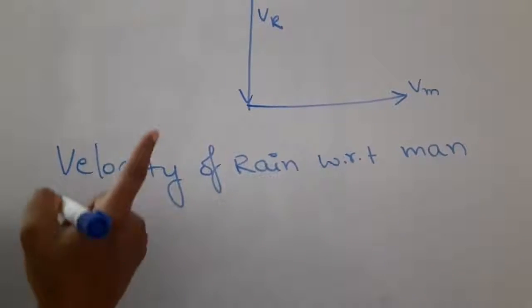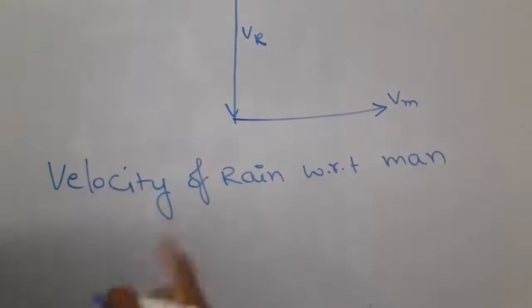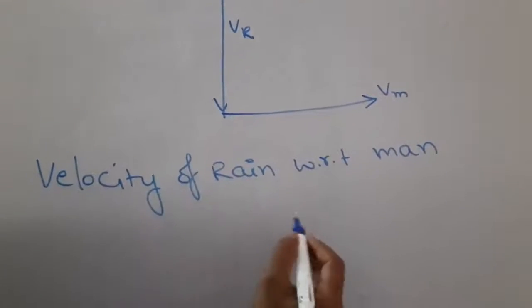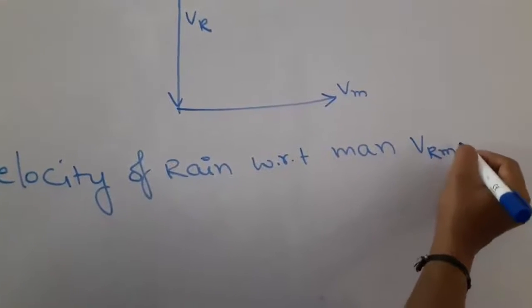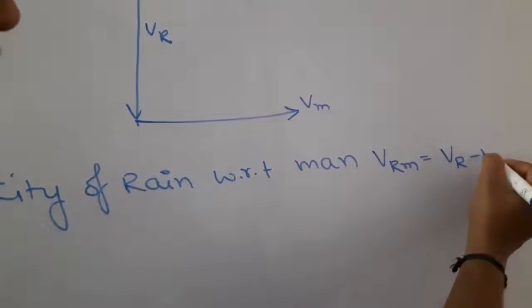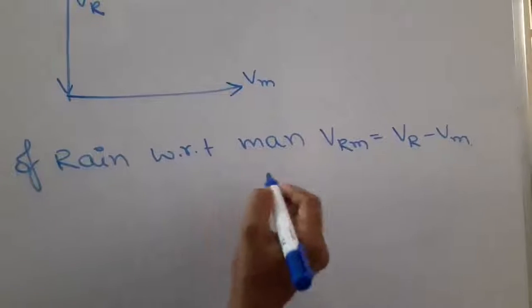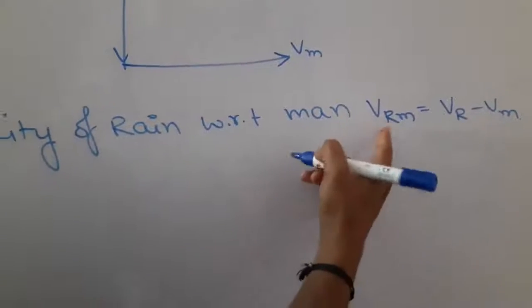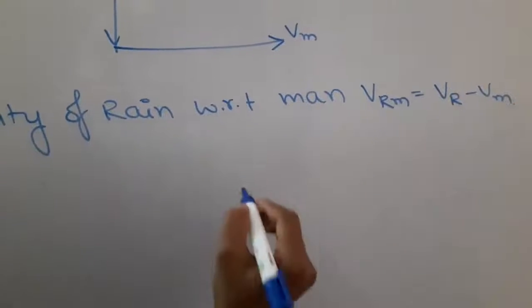It means how he can hold the umbrella to avoid getting wet. So, what is the condition? The velocity of the rain with respect to man, VRM, is VR minus Vm. So the resultant is VR minus Vm.